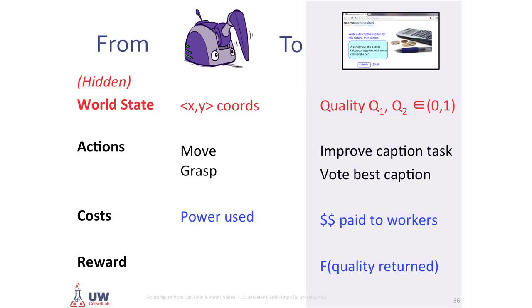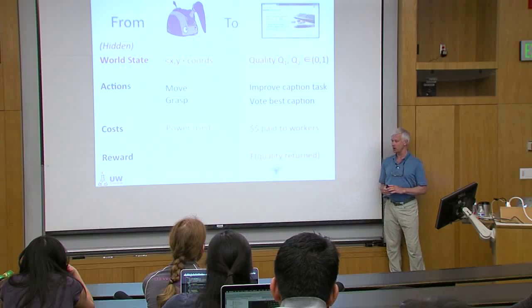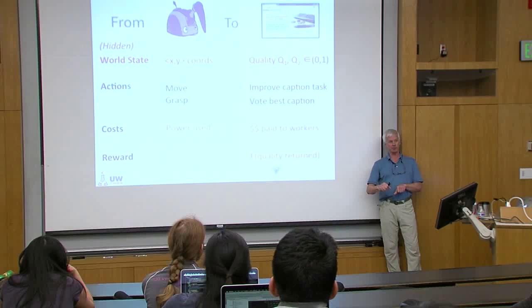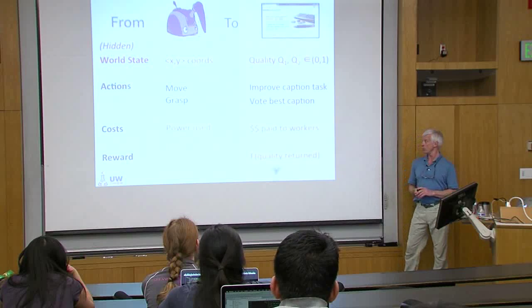The power used is really just the money. How much do we pay to workers? And the requester can specify any utility function that basically says how much am I willing to pay to make it better. Some people might be willing to pay lots of money to get the very best possible caption. Other people might want something that's more quick and dirty.